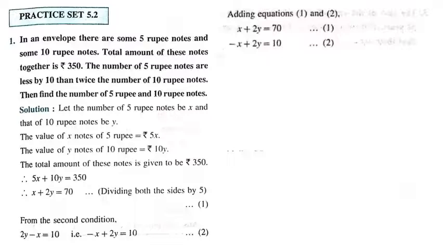Minus x plus 2y is equal to 10 is equation 2. When we add, plus x and minus x cancel each other and get eliminated. We have only the y variable left, and 2y plus 2y will be 4y. On the RHS, 70 plus 10 is 80. So we get 4y is equal to 80.